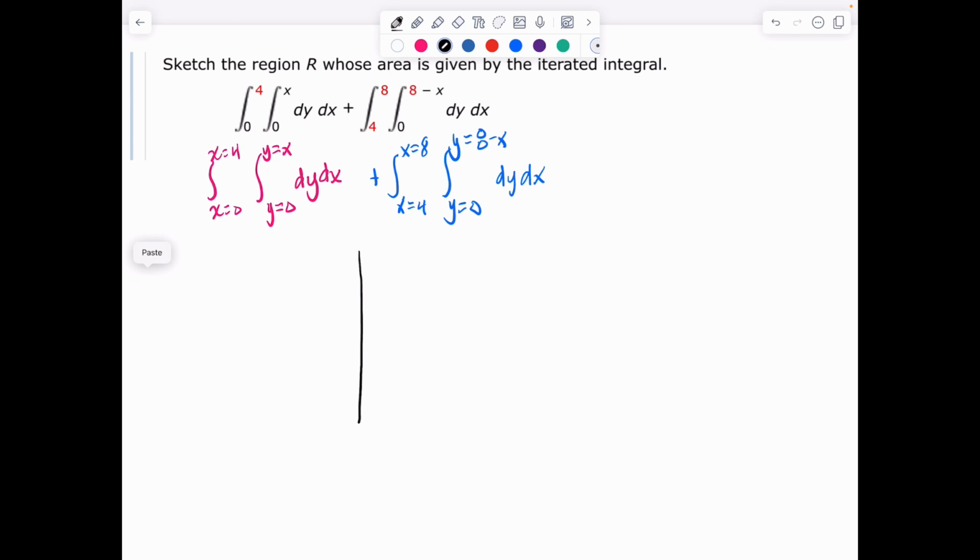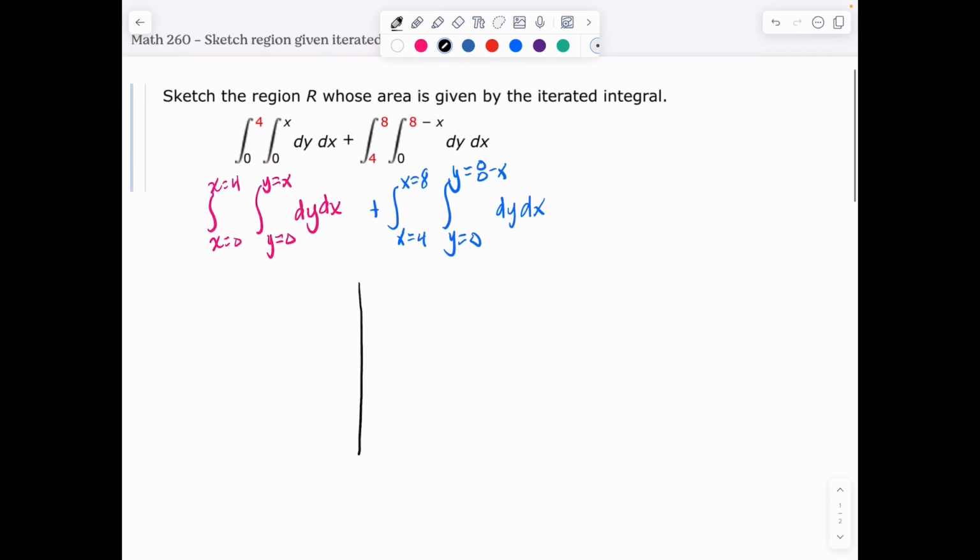And so if x is 0, and we're going from 4 to 8, I know I have to go across 8 for x, and for y, I'm only going to have to go up 4.